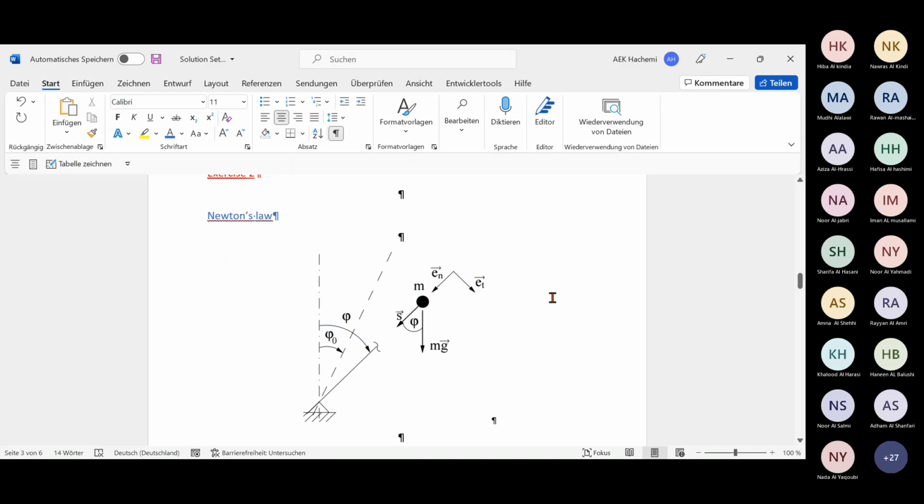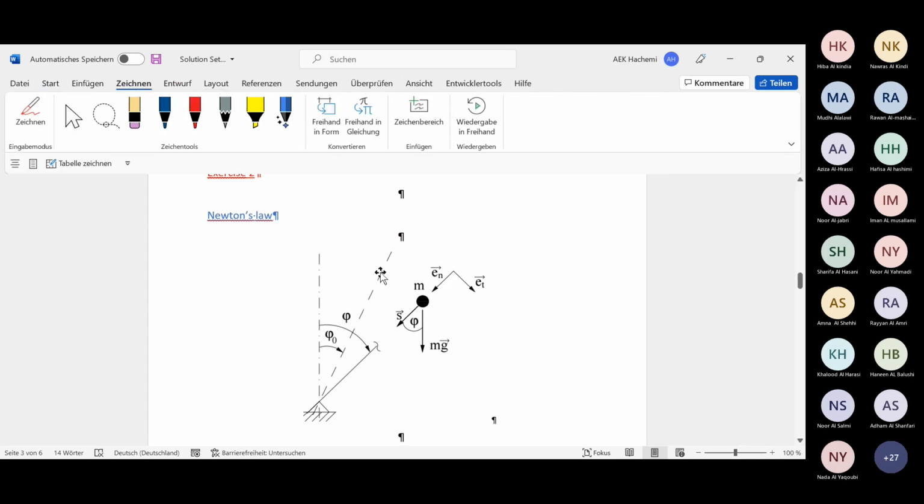For Newton's law, at the initial position phi0, and with the motion, at any arbitrary position, arbitrary time or arbitrary angle phi, we look at what happens.